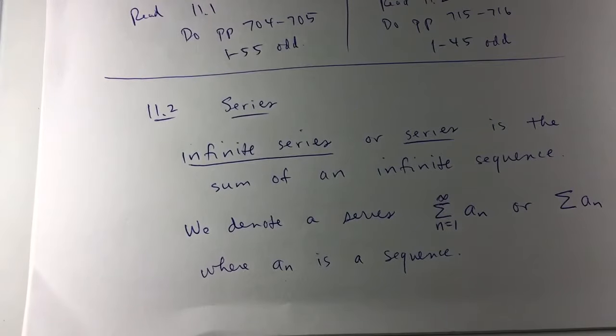And you'll see it both ways. Some of the theorems, they just write the sum of a sub n, and that's okay. If we don't write that n is starting from 1 and going to infinity.